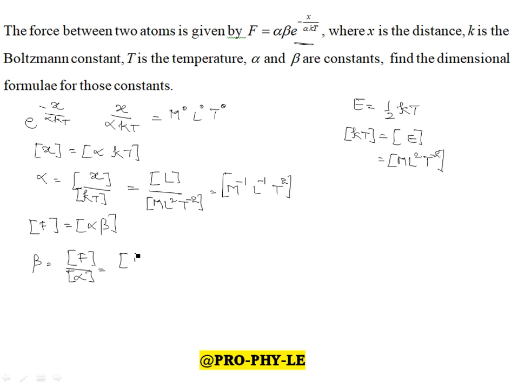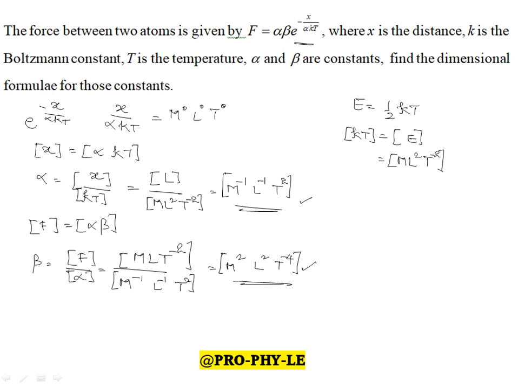Force dimensions are M L T power of minus 2 by alpha dimensions, M power of minus 1, L power of minus 1, T square. So this will be equal to M square L square T power of minus 4. So that is the corresponding dimensions for beta and this is the dimensions for alpha.